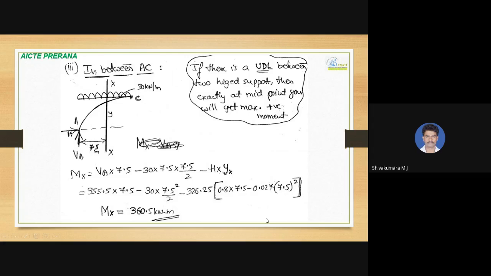H value is minus 326.25 into 0.8 into 7.5 minus 0.027 into 7.5 square.